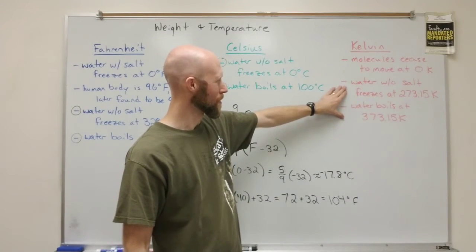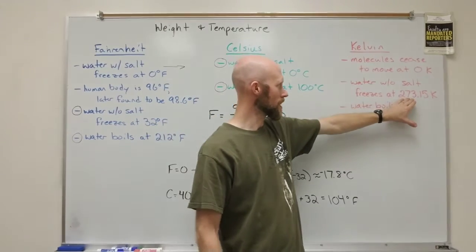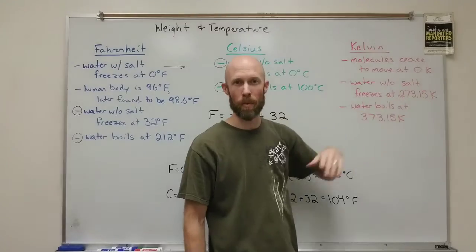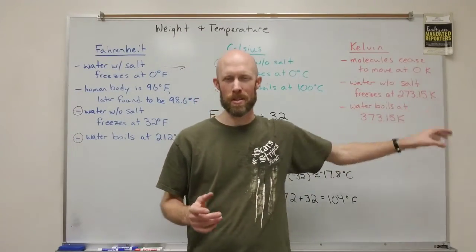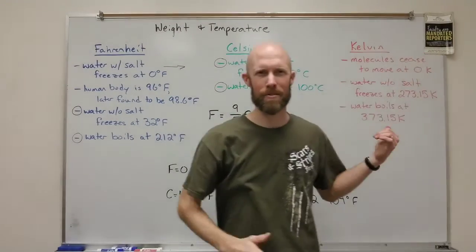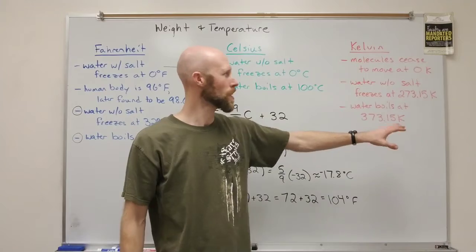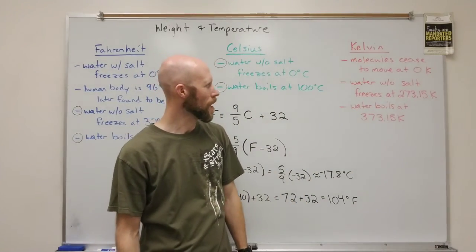Anyway, so in that case, water freezes at 273.15 Kelvin. Now, what's weird is we don't use the degree symbol. We do use degree symbols for Fahrenheit and Celsius, but not with Kelvin. Can't tell you why, but we don't. We just use a big K for the unit there.